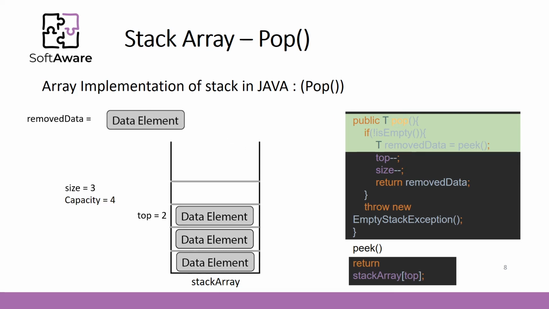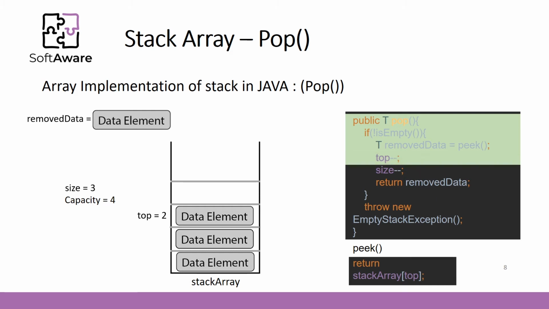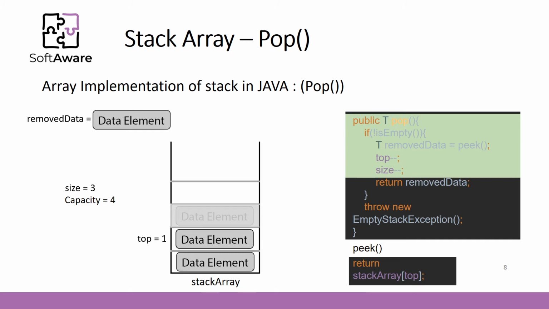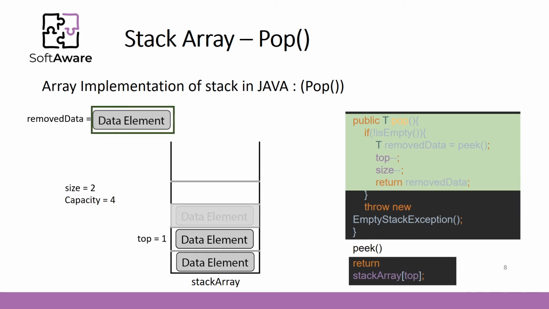As you remember, the peek method returns the top data in the stack. Then we decrement the top as it should now refer to index 1 of our stack array, and also decrement the size as now we only have 2 elements in the stack, and return the removed data.